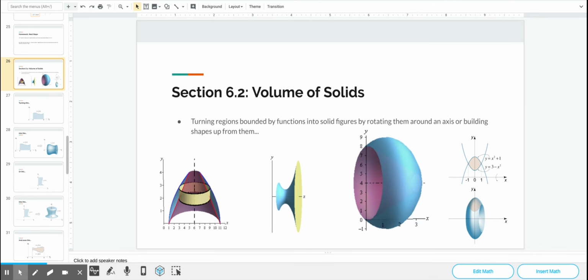The first part of today's lesson is really going to be foundational, just trying to build this idea of how we can take a region, which we just finished working with in 6.1, and build a solid figure out of that region by either rotating it about an axis or using it as the base of a solid and building up from it.